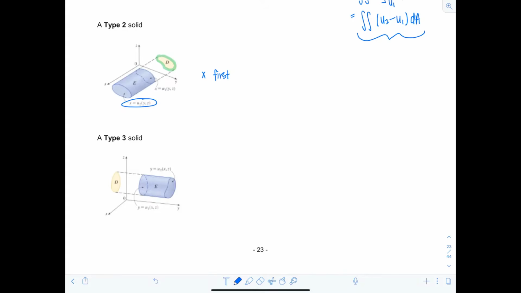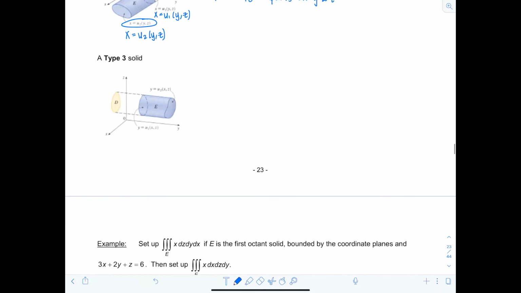And notice X is a function of Y and Z. So X first, because it depends on Y and Z. And then lastly, if you have a type 3 solid where the base is in the XZ plane, then you would integrate with respect to Y first. All right, don't worry about memorizing whether it's type 1, 2, or 3. Just understand how to set it up.